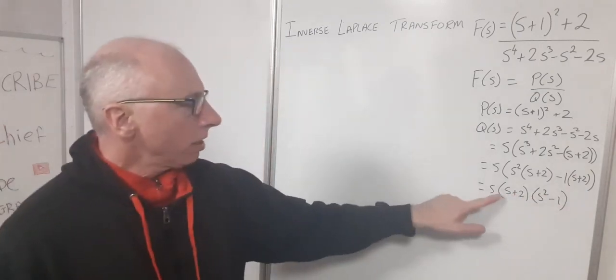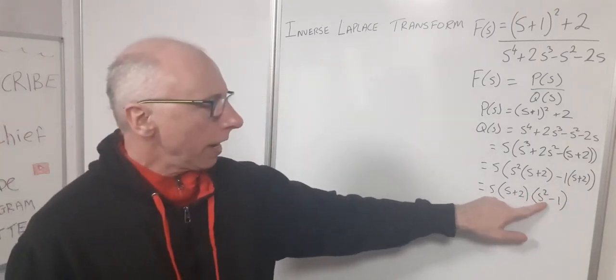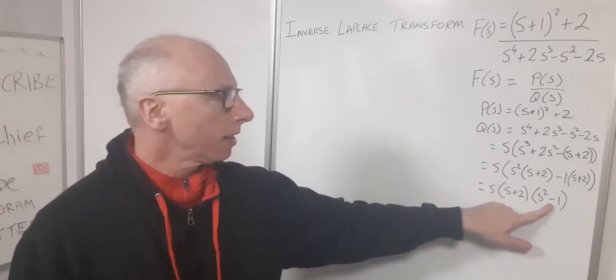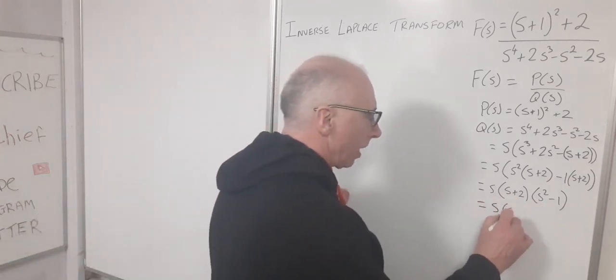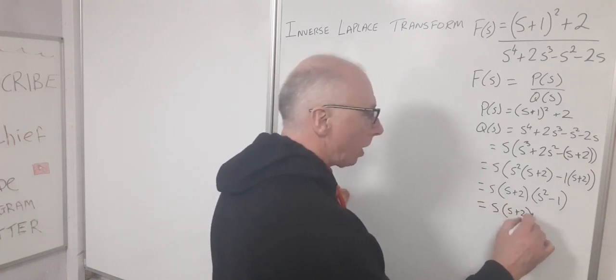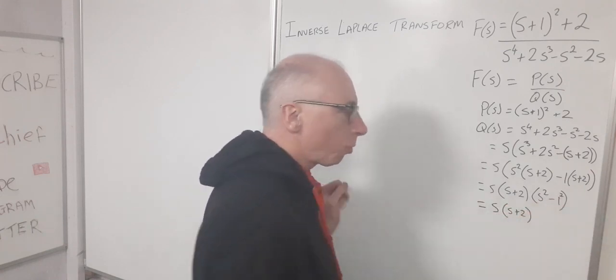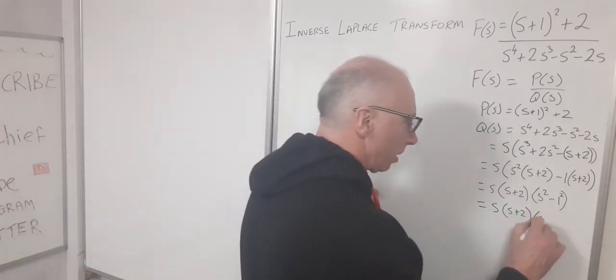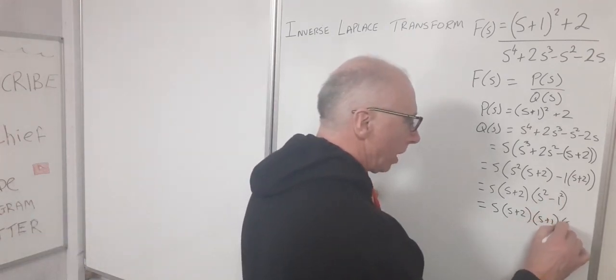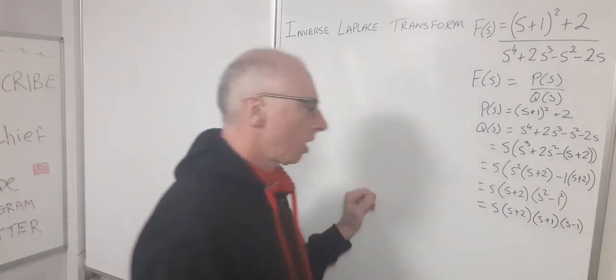Now, s and s + 2, that is all good. S² - 1, we can now factor this directly. So now we've got (s + 2)(s² - 1), I could write as s² - 1², still the same, difference of two squares. So now I could write as (s + 1)(s - 1).